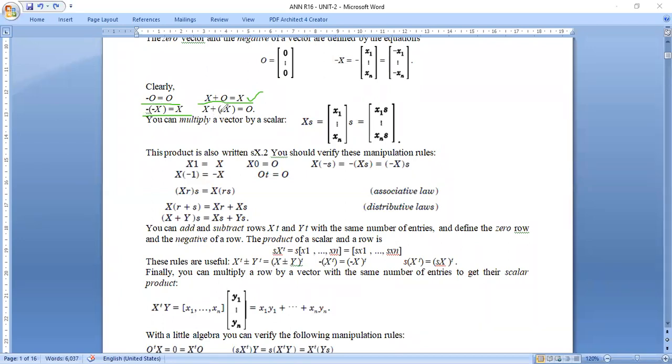And coming to the next one, x plus minus x equals a zero vector. These are the basic laws, basic rules of a vector.